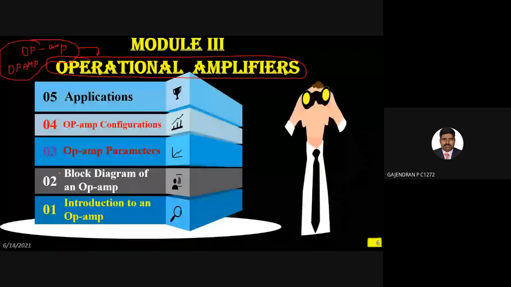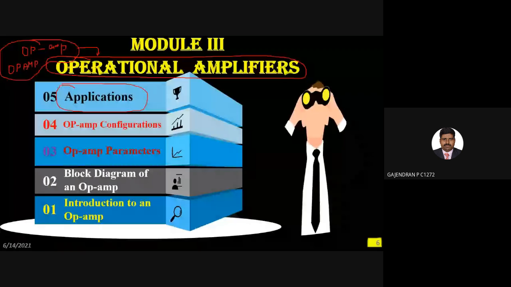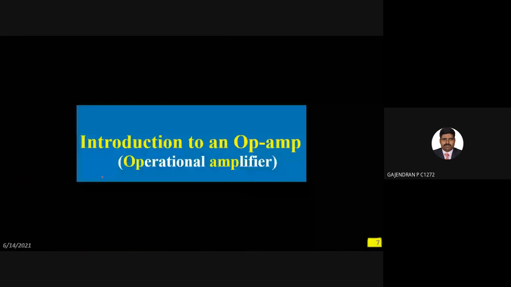You can use this operational amplifier for so many applications, and unfortunately only some of the important applications we are going to see in this module. So these are the things we are going to discuss under the category of operational amplifier.